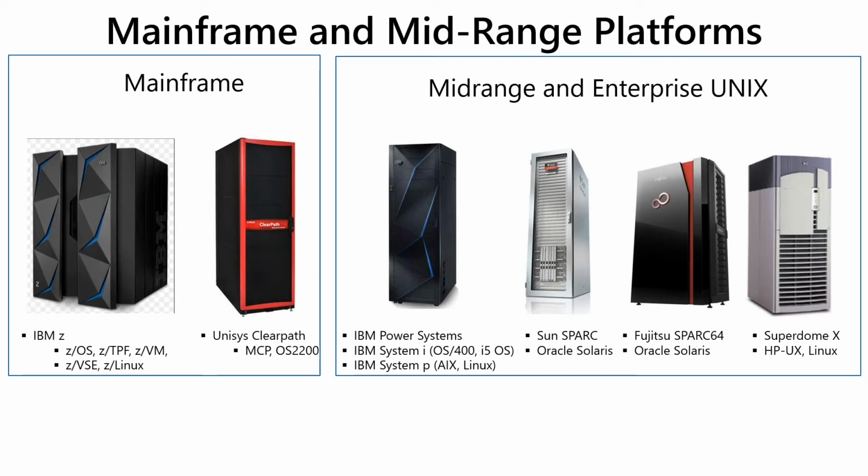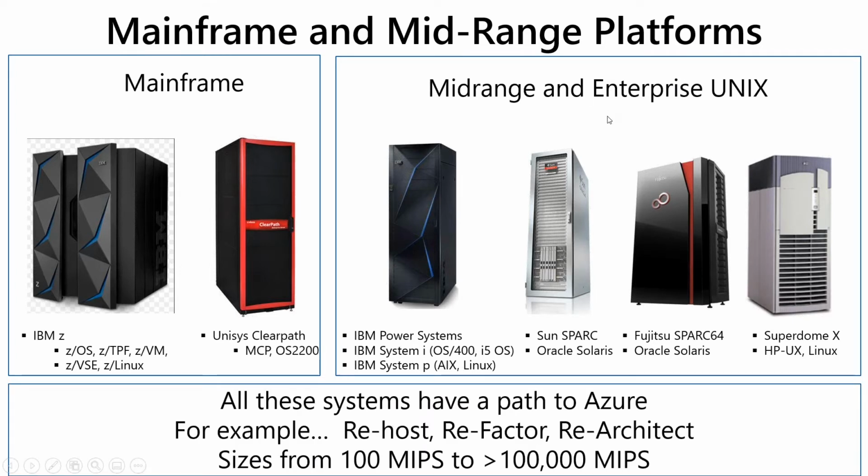The beauty is that no matter what type of system you have for running those mission critical, business critical applications, mainframe and midrange, we've got paths to help you move those systems to take advantage of the latest technology. As Larry will click on the build, we think of those paths which will cover rehosting, refactoring, and re-architecting. These are methods that we've used working with our customers over the last 14 years. The next slide.